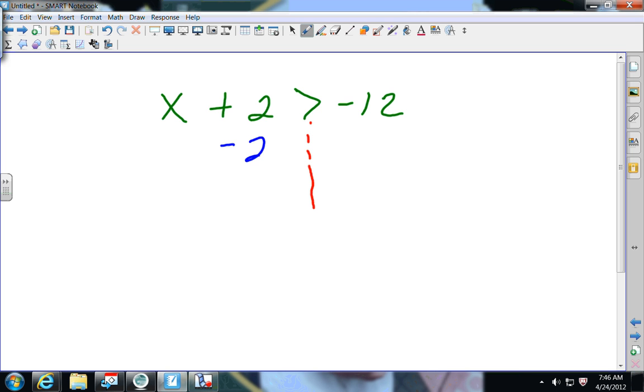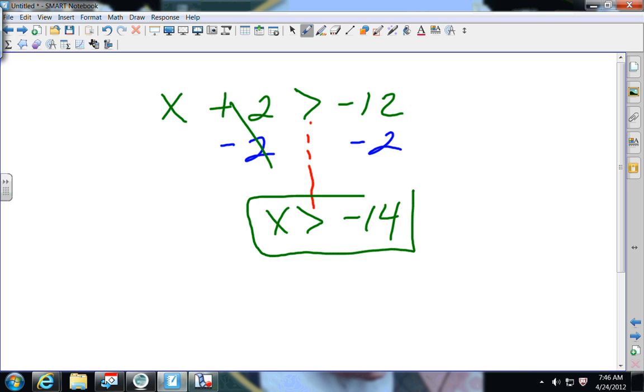I subtract 2 from each side, and I get x is greater than negative 14. Okay?